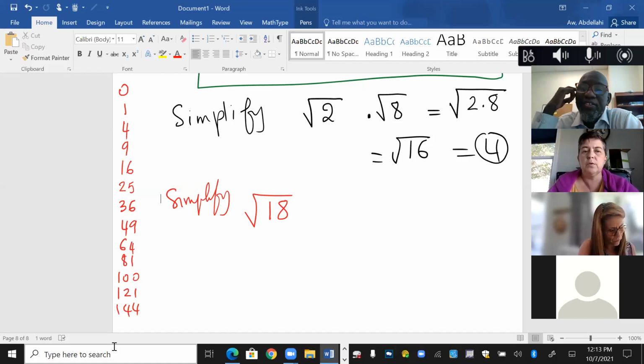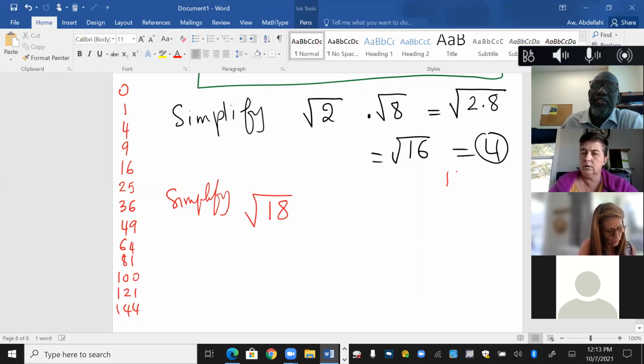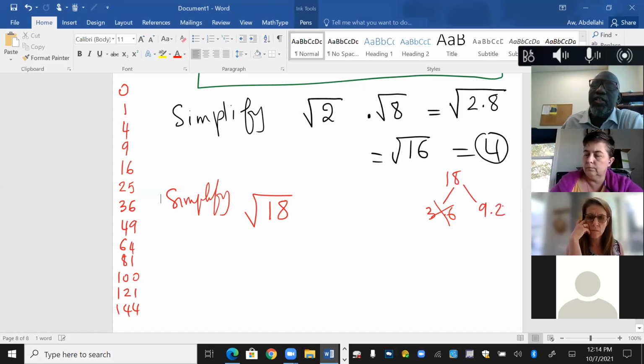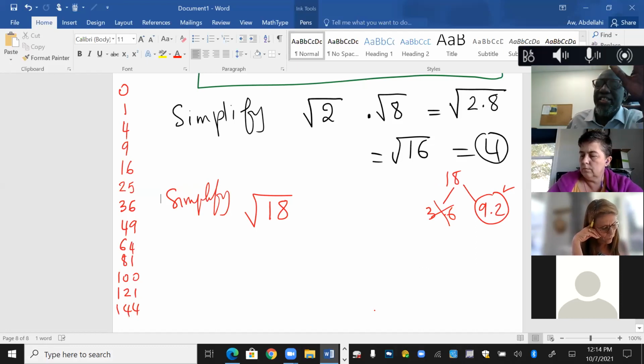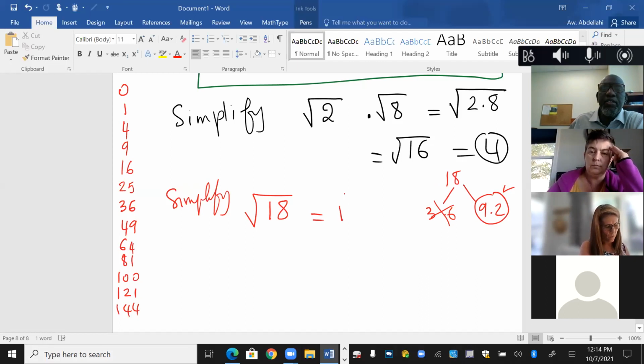Because neither 3 nor 6 is a perfect square. We have 18 is 3 times 6, but we don't take this one. It is 9 times 2, we're going to take this one, right? Because at least one of them is a perfect square. So we're going to say 18 happens to be 9 times 2.